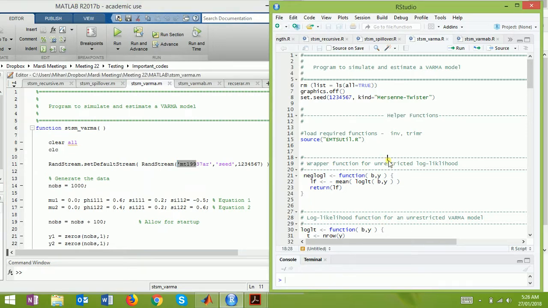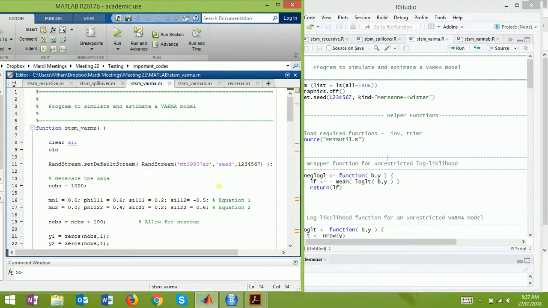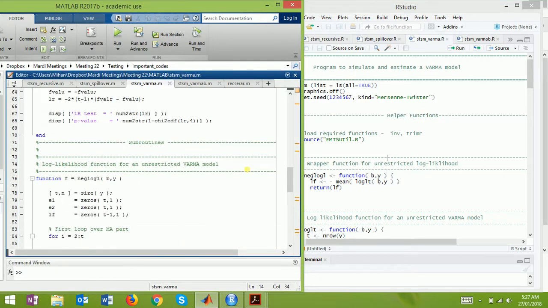In R it is rm list equals ls all true, graphics off, set seed 1 2 3 4 5 kind Mersenne-Twister. This is how we have cleared our previous commands, and we have also introduced simulation in the system, and then we move into the local functions.